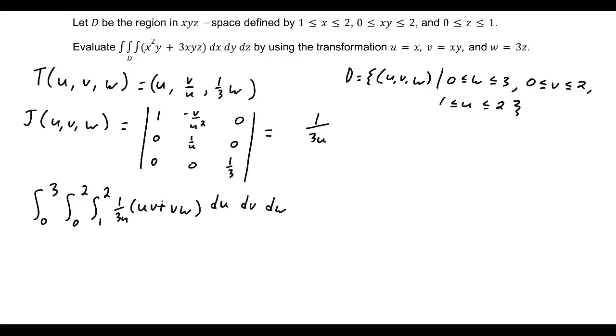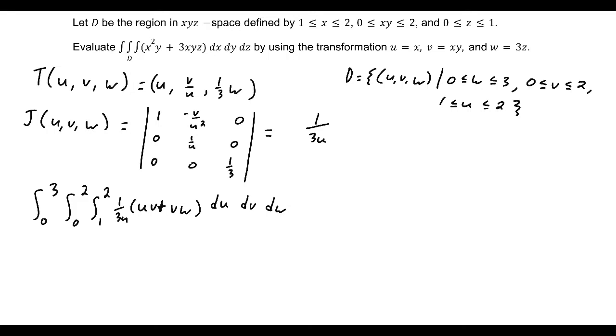Now take a moment here and convince yourself that x squared y becomes u times v, and that 3xyz becomes vw. Look at the relationships we have, u equals x, v equals xy, w equals 3z, and I hope you can convince yourself of that fairly quickly.